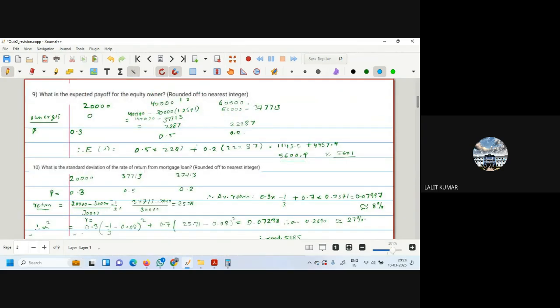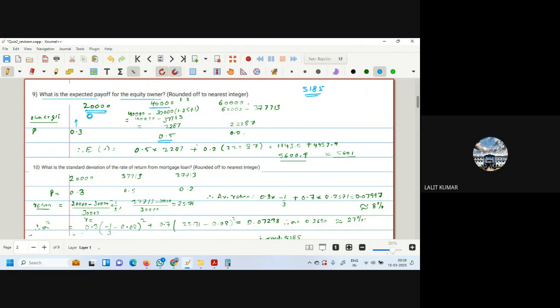Second is what is the expected payoff for the equity owner. So equity owner, how much has he invested? He has invested 5185. And in case of probability of 0.3, the entire money will go to the guy who has given him the mortgage loan. So he gets 0. In case of 0.5 probability, he earns 40,000.